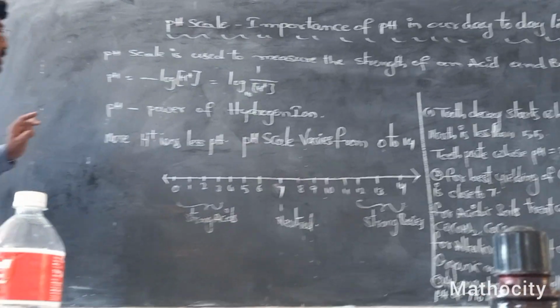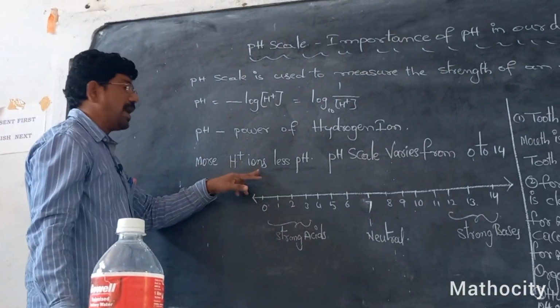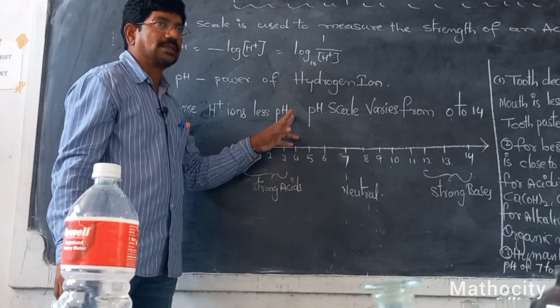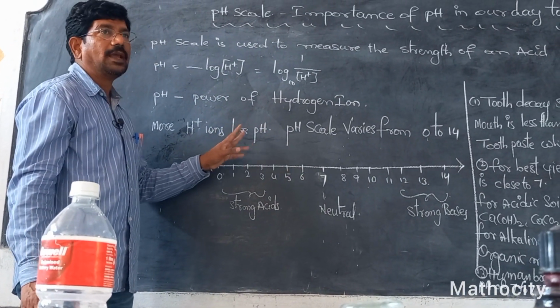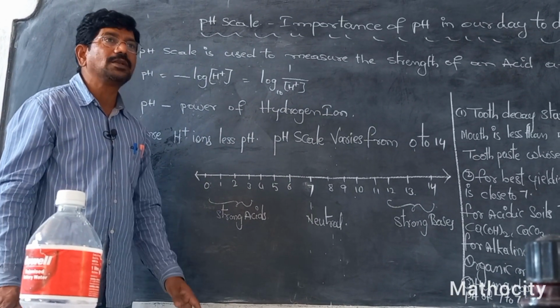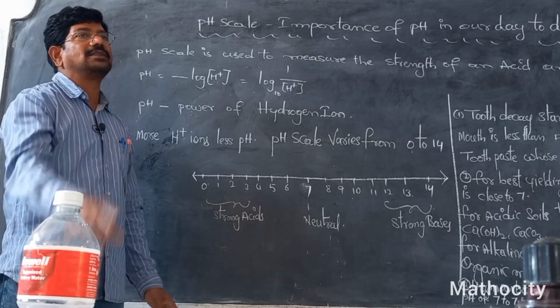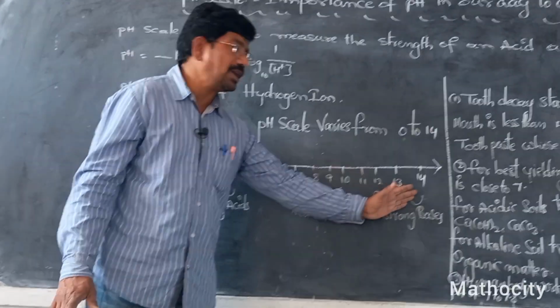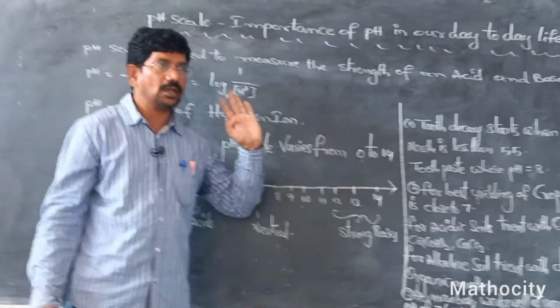Remember that if you find more H plus ions, the pH is less. Less pH means it is the strongest acid. And more pH means it is the strongest base. Are you clear about that?